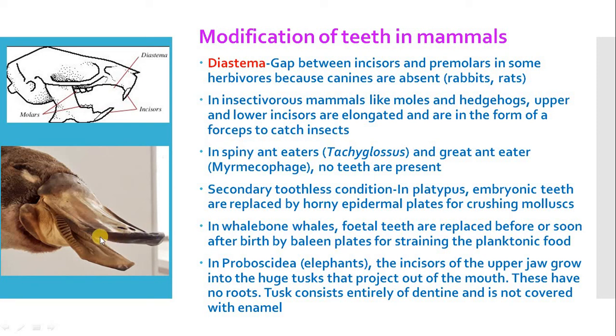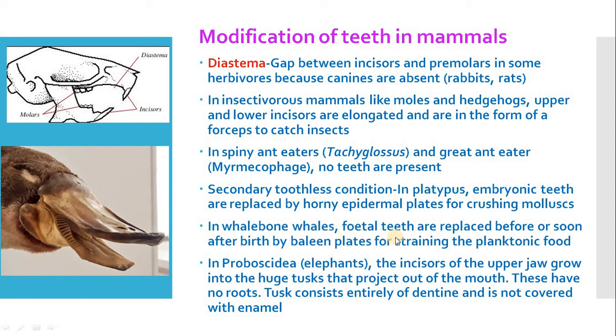In spiny anteaters and great anteaters, no teeth are present. Then secondary toothless condition. In the case of platypus, embryonic teeth are replaced by horny epidermal plates for crushing. Teeth will be present in the embryonic stage only.